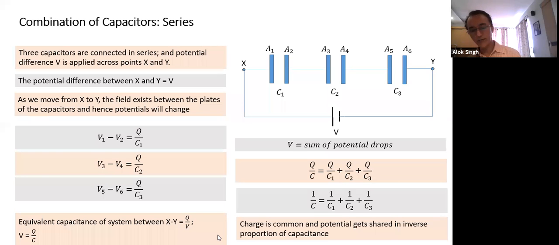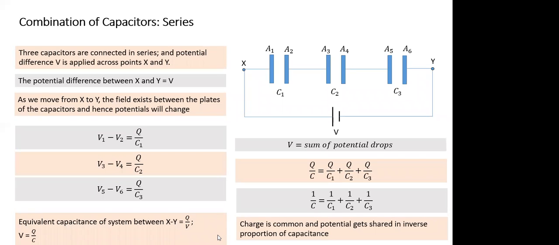Plates of the capacitors connected in series are connected directly, no branch in between. If they are connected directly, then only the charges are equal. And the potential we apply to capacitors connected in series is shared in inverse proportion of capacitance.